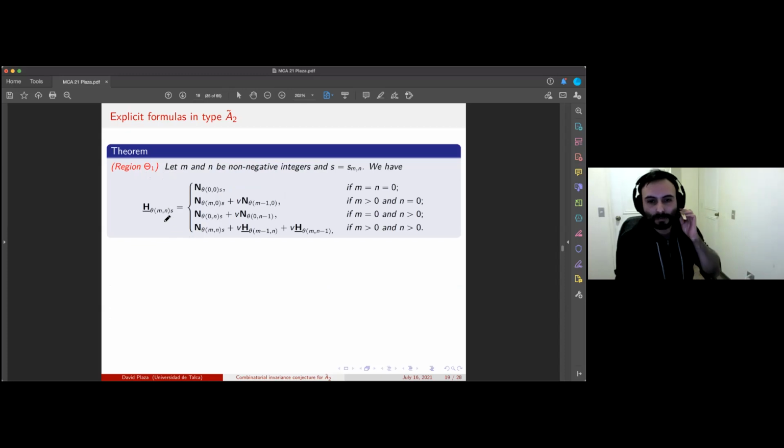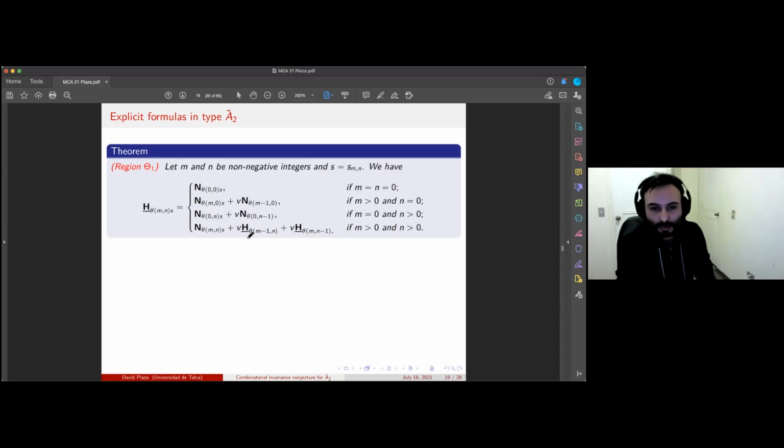And in these formulas, I want to point out that first we need to separate into different cases according to the value of m and n. And in these formulas, we can see some n elements and also some Kazhdan-Lusztig basis elements. So in order to compute a Kazhdan-Lusztig basis element in region theta 1, we need to compute a Kazhdan-Lusztig basis element in some region.